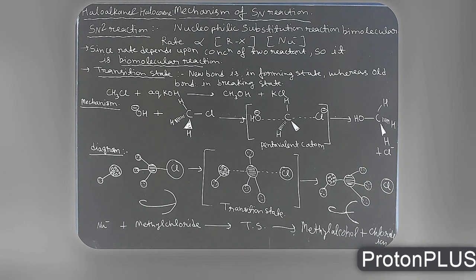inversion in configuration. This product is formed totally in the opposite direction from the old bond or the nucleophile that is departing. The OH bond, or the new bond, is formed in the opposite direction of the departing bond. That is said to be an inverted product, or inversion in configuration.